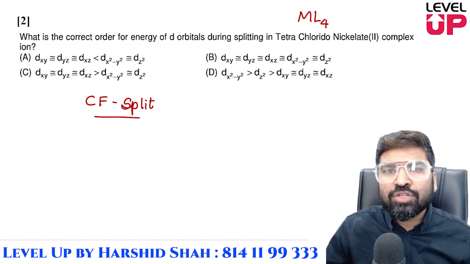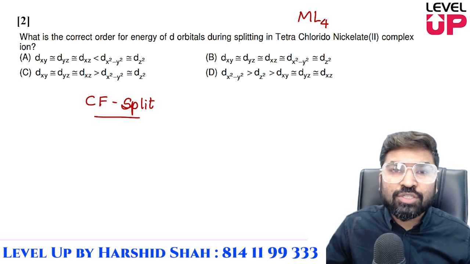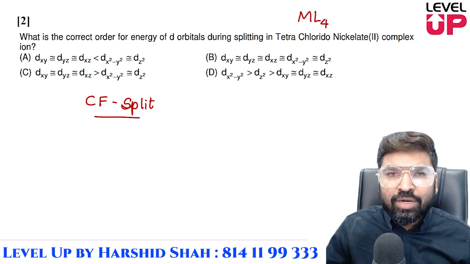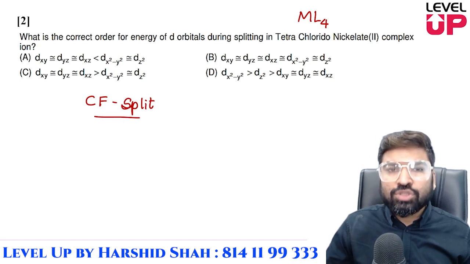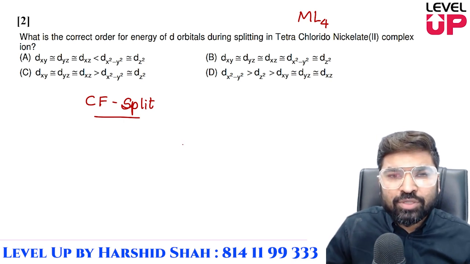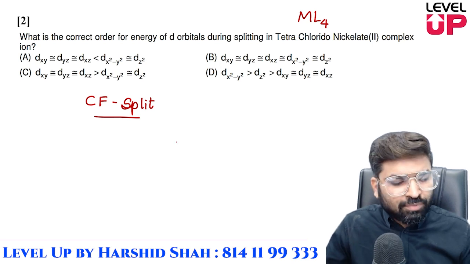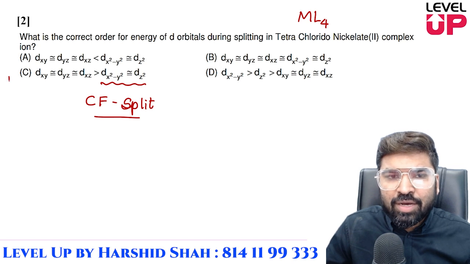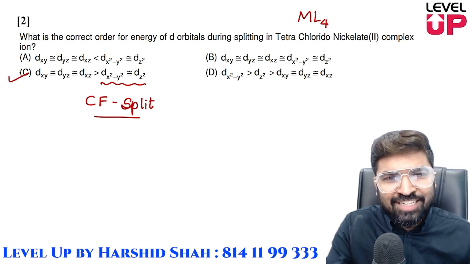There are 3 orbitals below and 2 orbitals above, which are dxy, dyz, dzx having lower energy, whereas z square and x square minus y square having higher energy. In the tetrahedral one, it will be the opposite. So, the 2, which are dx square minus y square and the z square, will be having the lower energy, whereas the xy, yz, zx will be having the higher energy. That is option C is your answer.